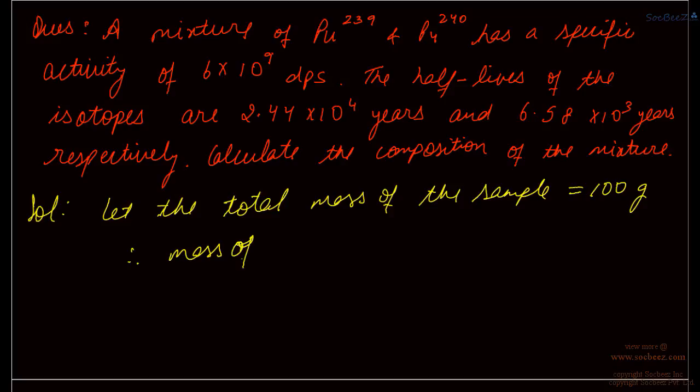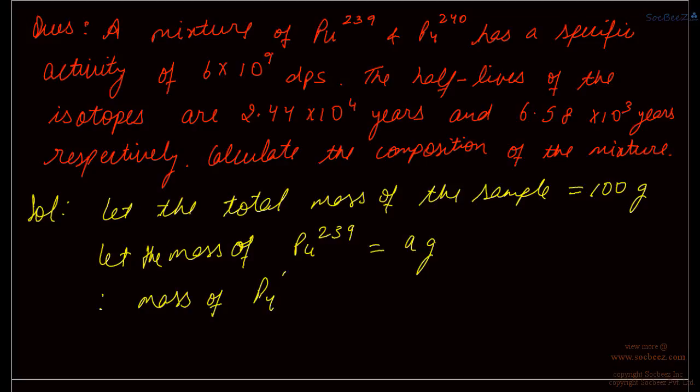So let's consider the mass of Pu-239 to be A gram. Therefore, the mass of the other species, Pu-240, will be 100 minus A gram.